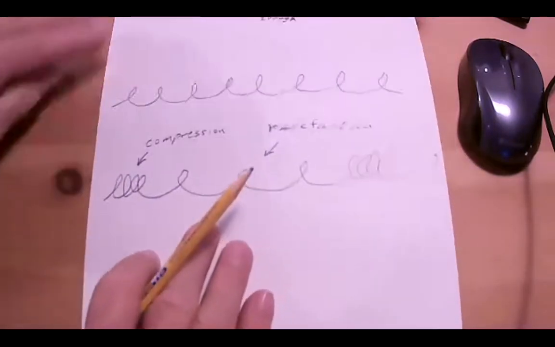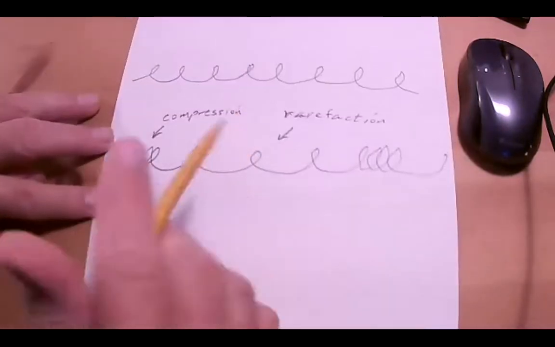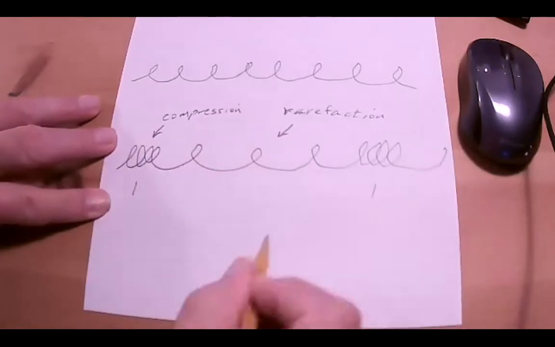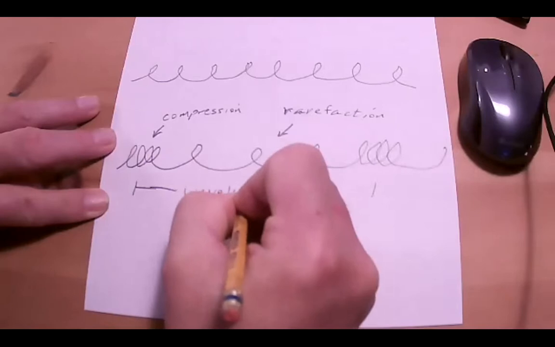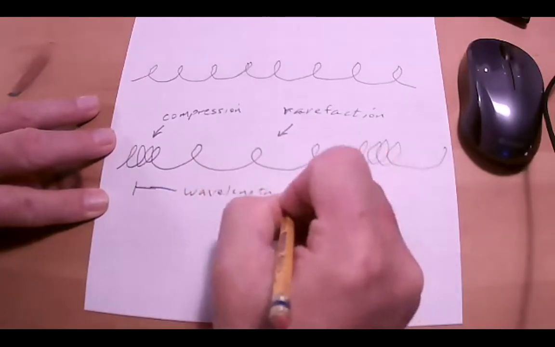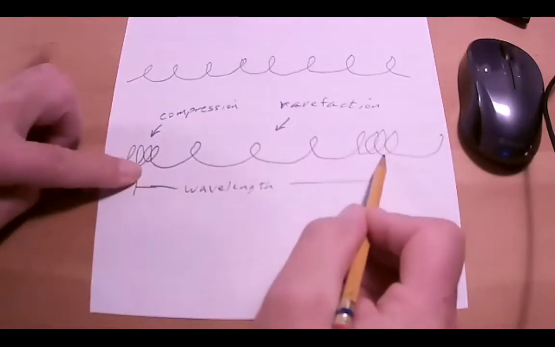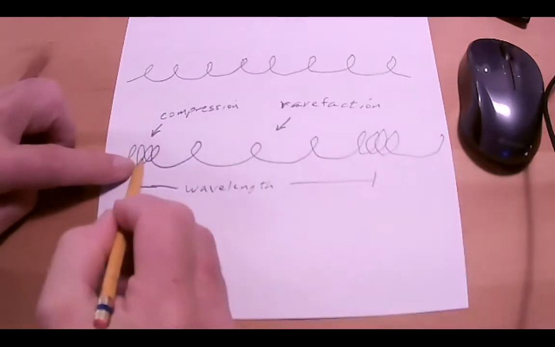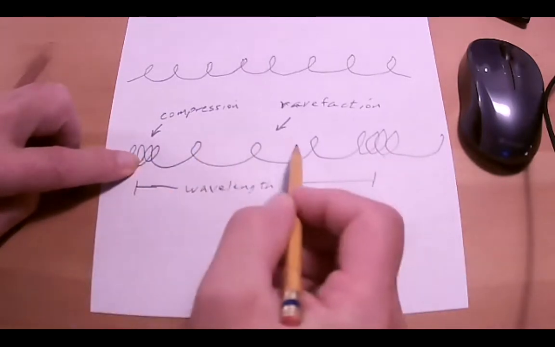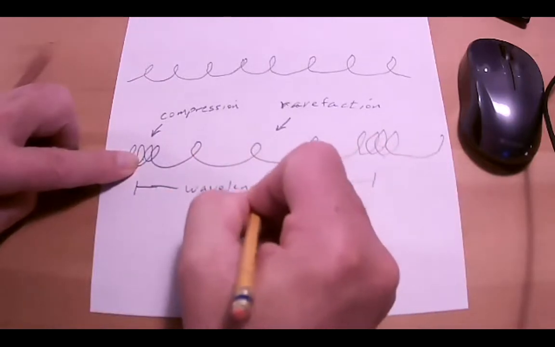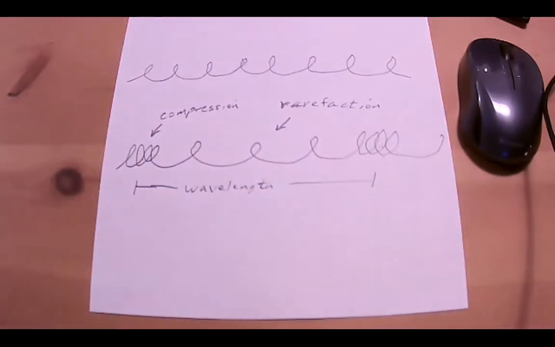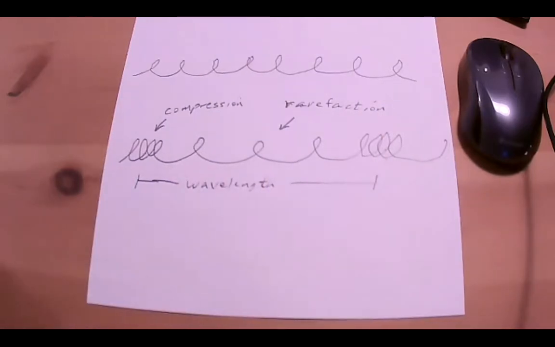For a longitudinal wave, it would be the distance from compression to compression, from one compression to the next compression. Or the length from one compression and one rarefaction, one complete wave vibration. Or rarefaction to rarefaction.